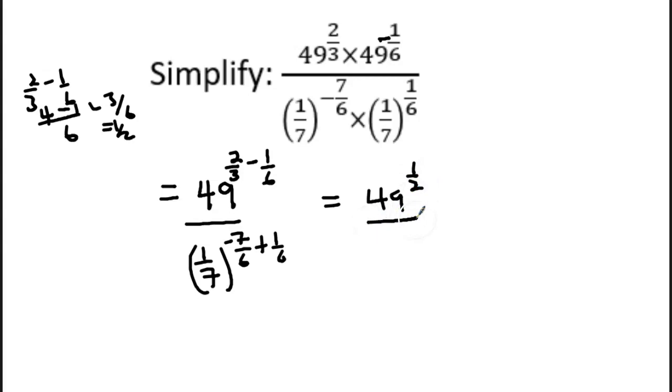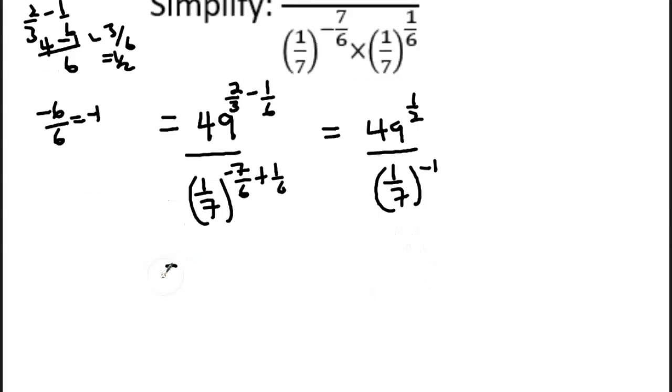divided by, here the denominator is 6, so minus 7 plus 1 will be minus 6. So minus 6 on 6 is minus 1. So we have 1 on 7 all raised to the power minus 1. We can express 49 in terms of 7.